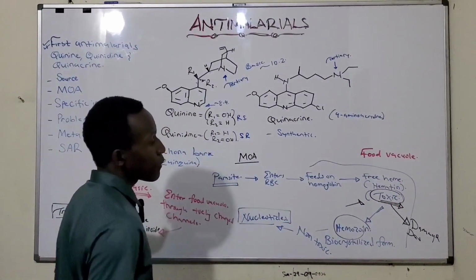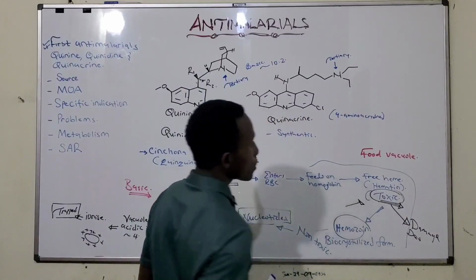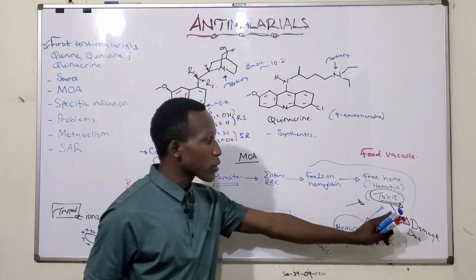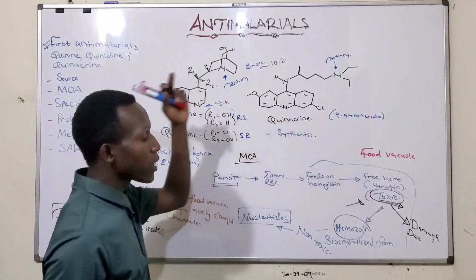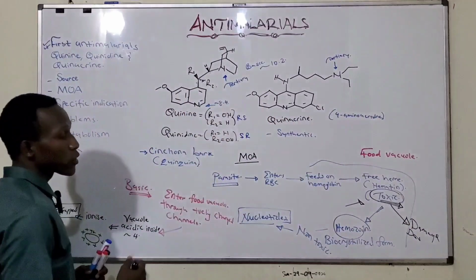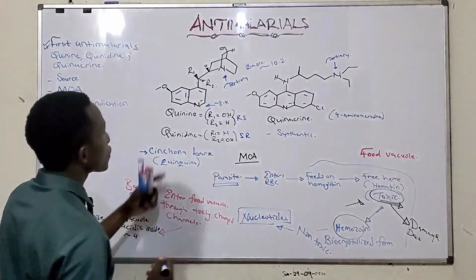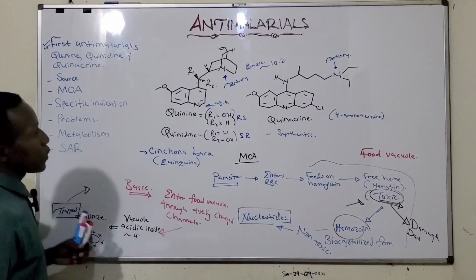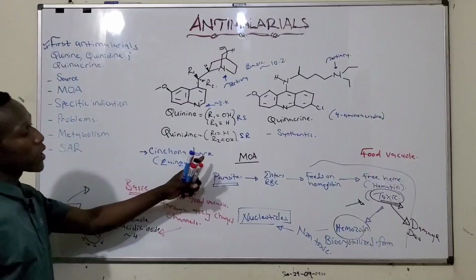And also the red blood cells, after being detected as infected and containing this toxic substance, are detected by the cyclin and are also destroyed. That's how these drugs work. So that's the mechanism of action.